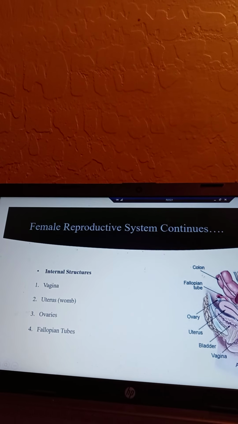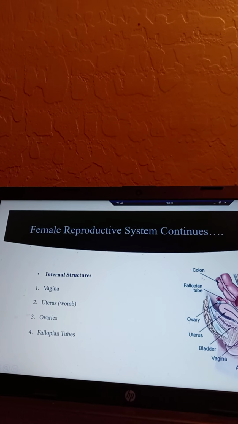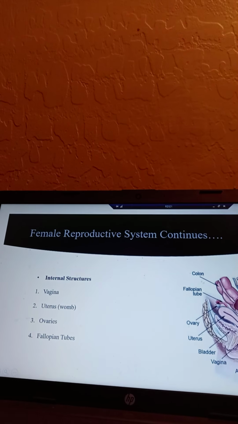Now, the ovaries are small, oval-shaped glands that are located on either side of the uterus. The ovaries produce eggs and hormones. The fallopian tubes are narrow tubes that are attached to the upper part of the uterus and serve as pathways for the ovum to travel from the ovaries to the uterus.